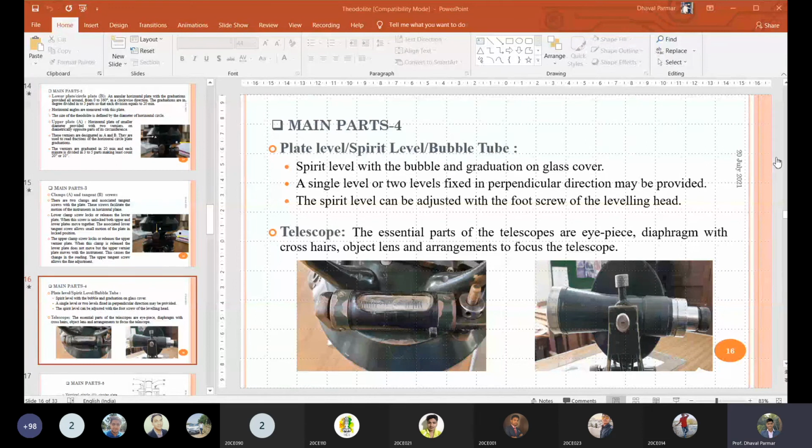Can you show the various parts of the theodolite through video in our lab? Yes.